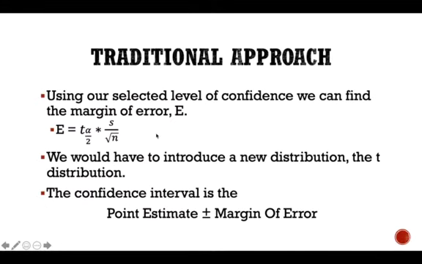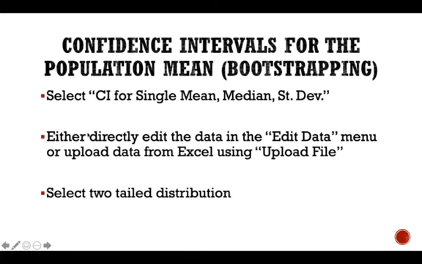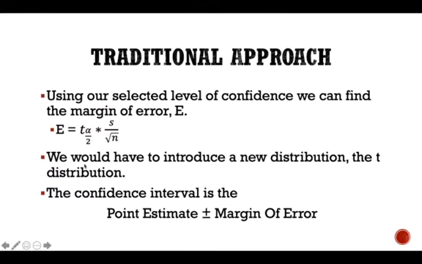So as a result, we actually have to move away from the z distribution, our normal distribution, and introduce a completely new distribution, the t distribution, in order to find the standard error. So we would find this margin of error, and then we know that we can add and subtract the margin of error from the point estimate. Unfortunately, this requires us to start introducing a brand new distribution and have a t distribution table in front of us.